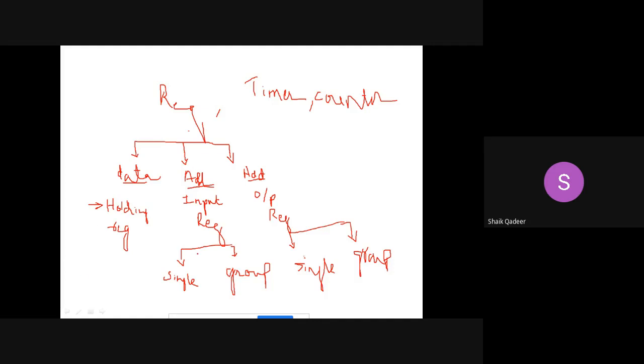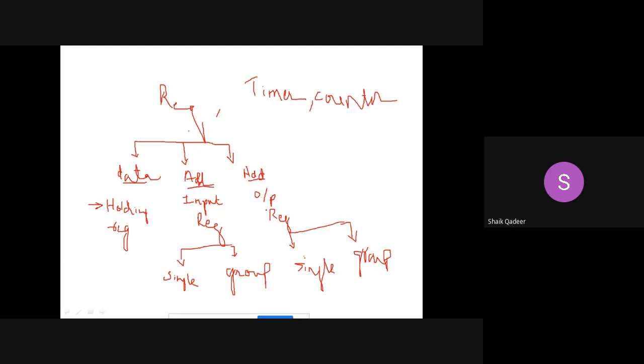Write about the address register. The address register can be classified into input address register and output address register.